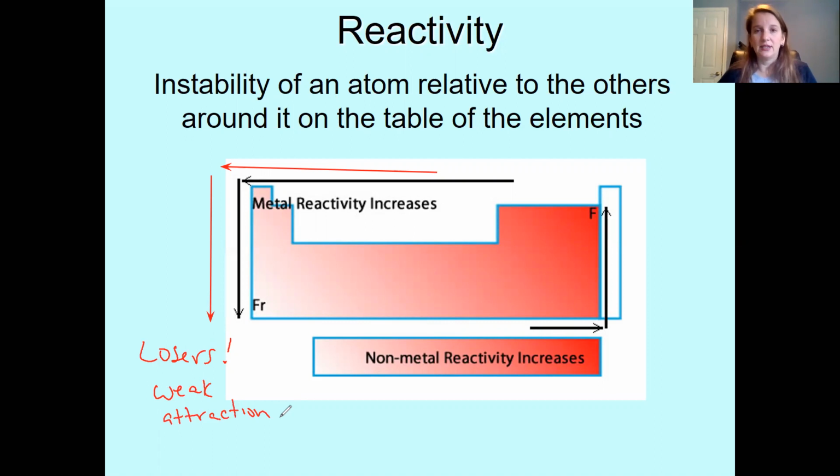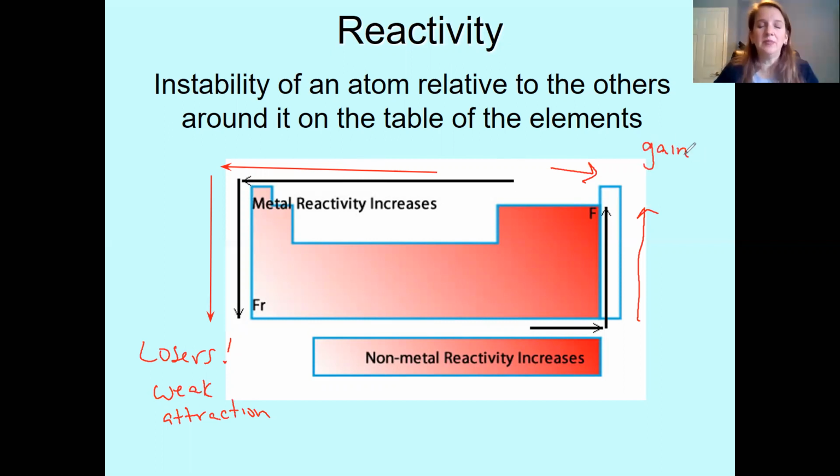When we're looking at the nonmetals though, the nonmetals are going to increase going to the right, and I cannot draw today, and increase going up the periodic table, because remember, the nonmetals are non-losers. The nonmetals are trying to gain electrons.